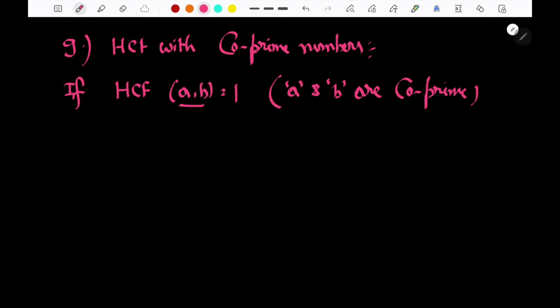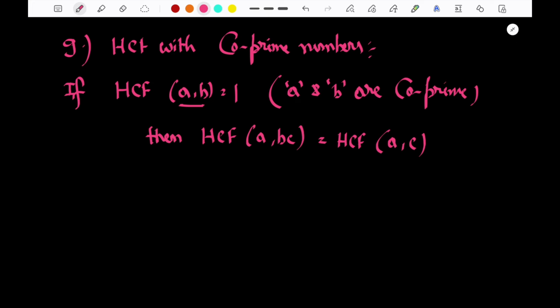So what we can say here, then HCF of A comma BC is equal to HCF of A comma C. True or not? Why? Because B is not divisible by A. So finding HCF of A comma BC is always the same as HCF of A comma C. For the proof, what is required?